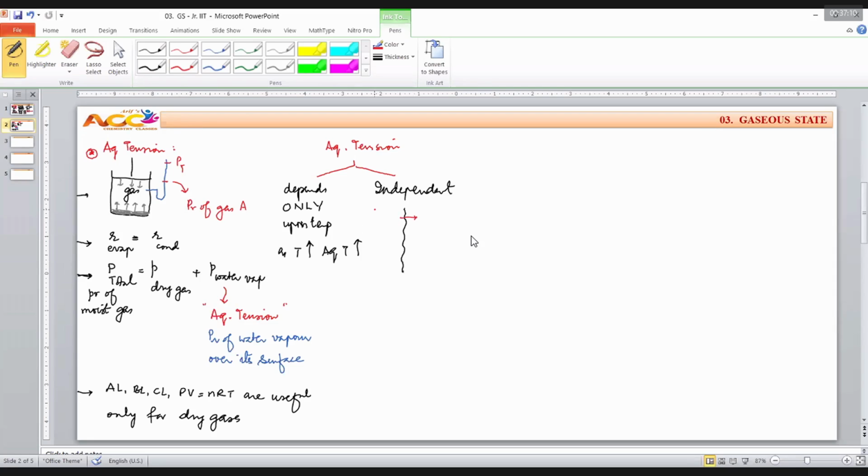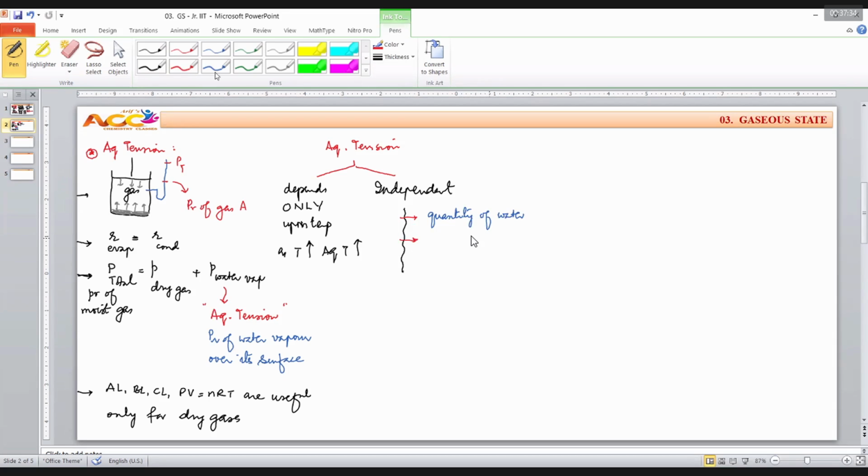If quantity is more, vapor pressure is more. Quantity is less, vapor pressure is less. Remember, it is independent of quantity of water, right?